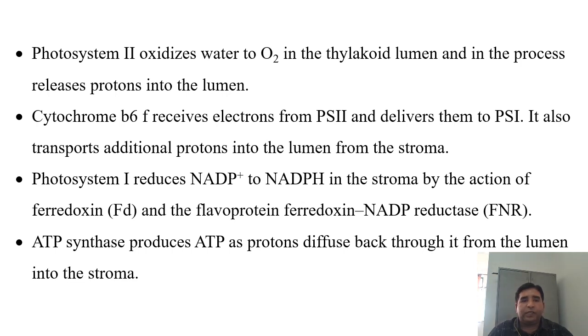It also transports additional protons to the lumen from the stroma. In step 3, photosystem 1 reduces NADP to NADPH in the stroma by the action of ferredoxin and the flavoprotein ferredoxin NADP reductase, FNR. And in the fourth step, ATP synthetase produces ATP as protons diffuse back through it from the lumen into the stroma, as we discussed in the previous picture.